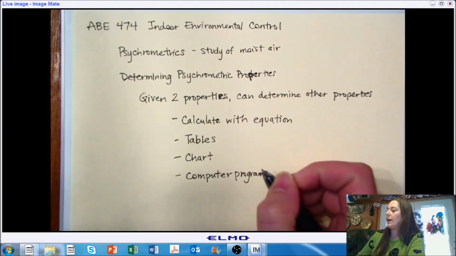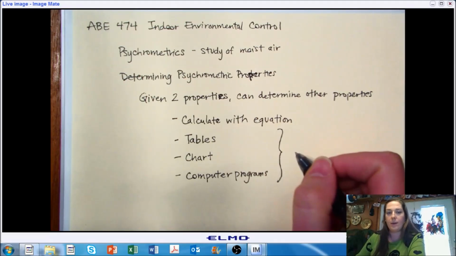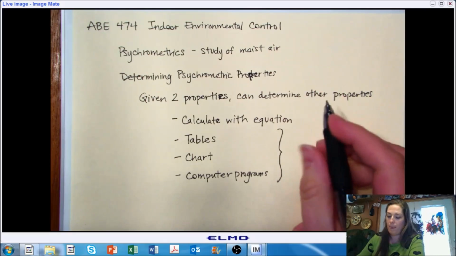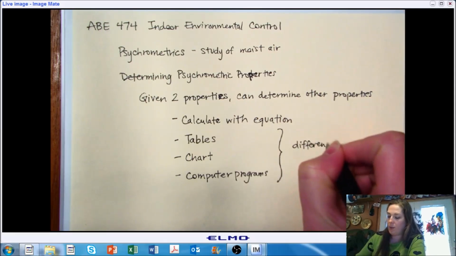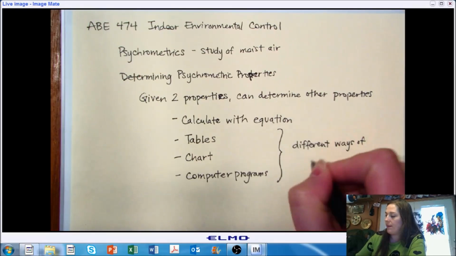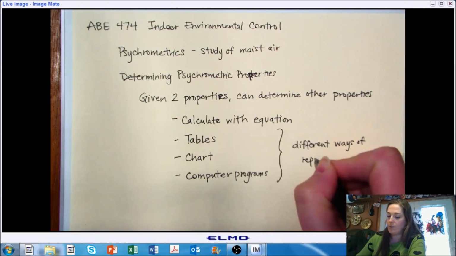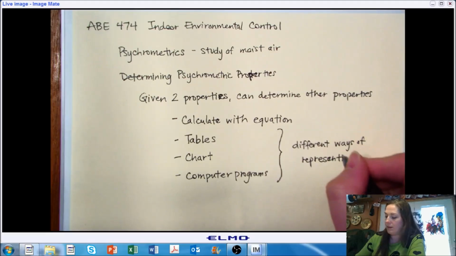What's important to recognize is that all of these last three possibilities are just different ways of representing the equations. So everything goes back to the equations in terms of calculating our psychrometric properties.